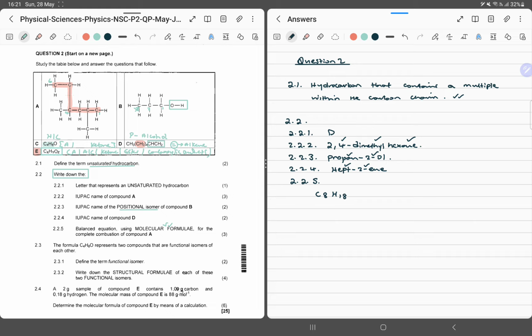Okay, but you can count here. 1, 2, 3, 4, 5, 6, 7, 8, 9, 10, 11, 12, 13, 14, 15, 16, 17, 18. And then now once the word says complete combustion, it means we're going to add oxygen here. And then we are supposed to form carbon dioxide and water vapor. That is when we're doing a complete combustion. But an incomplete will be carbon monoxide and water.